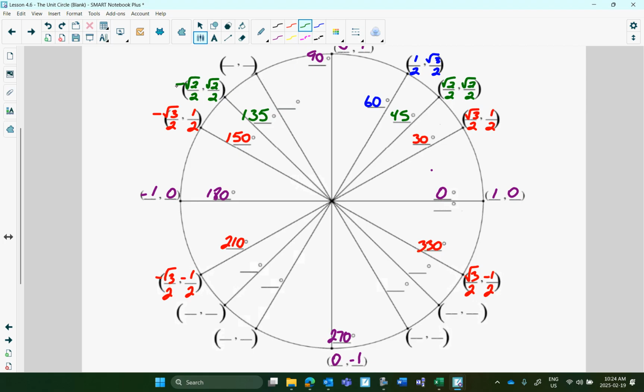Now we go to the next member in the family, which is down here, 225, because we take 180 halfway around, add 45. What are the values? Negative root 2/2, and negative root 2/2, right.